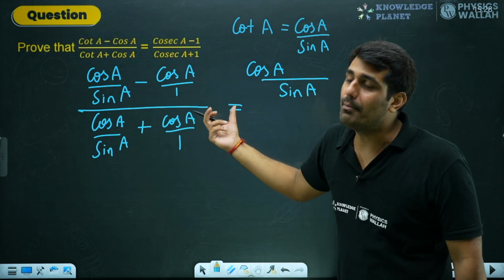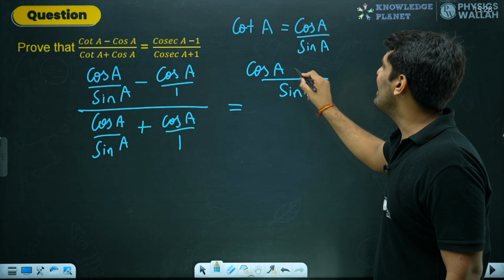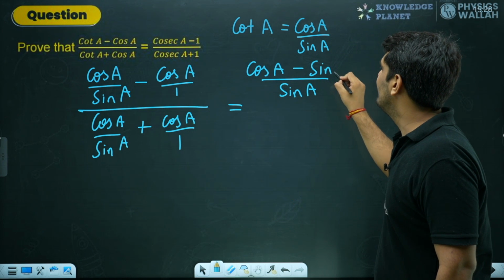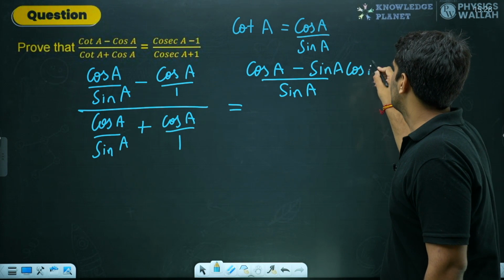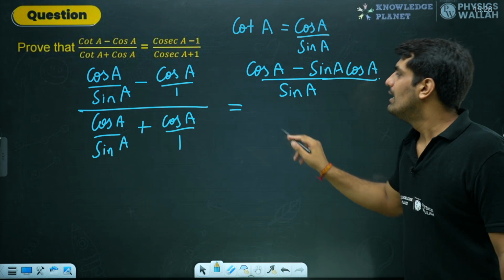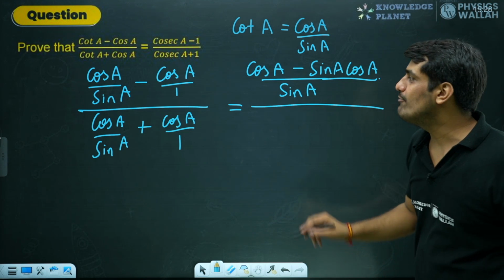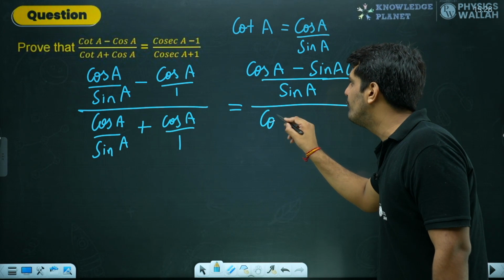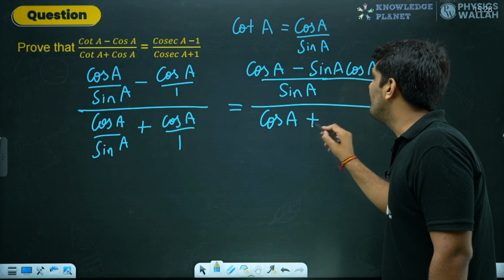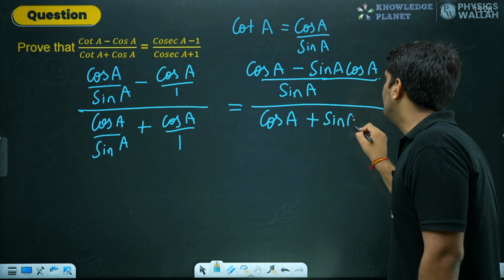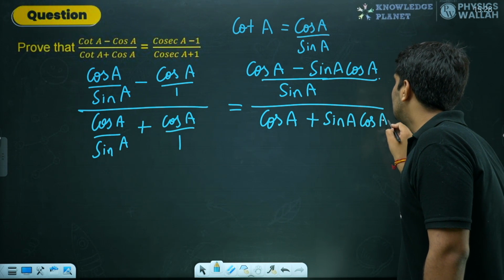So to make the denominator common, we have to multiply. So minus sine A into cos A. Fair enough? Divided by the same expression, just with the positive sign. I am not going into the elaborate form. So this will be written as cos A plus sine A into cos A upon sine A.